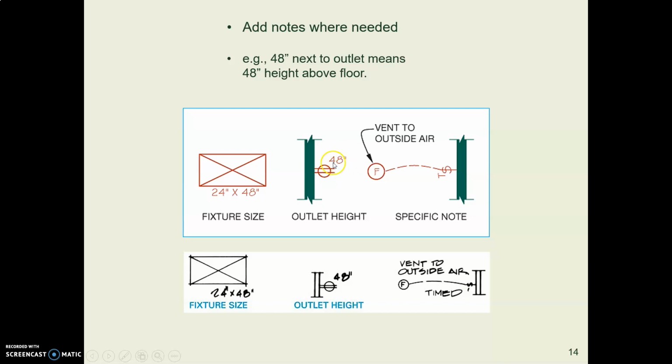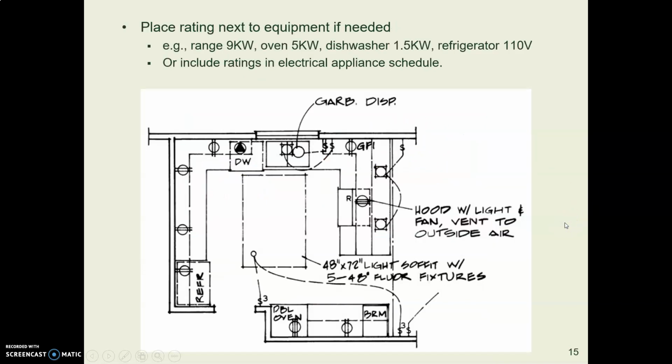In this case, that means it's 48 inches above the floor. And then you might have some other notes depending. You might give the rating next to the equipment, or you might have a separate schedule for electrical stuff, and then you put the ratings in the schedule.